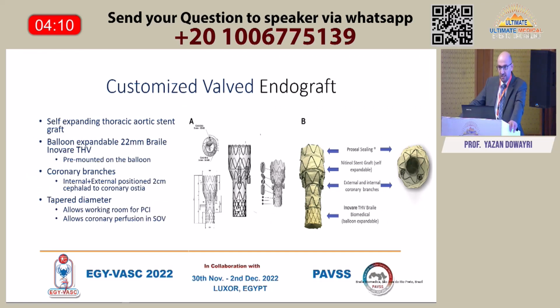And this is the device that they used. It was a customized manufactured device with a balloon expandable valve in its proximal aspect, a tapered device to allow maneuverability of the coronary stents, and the dilated portion more distally in the distal ascending aorta.